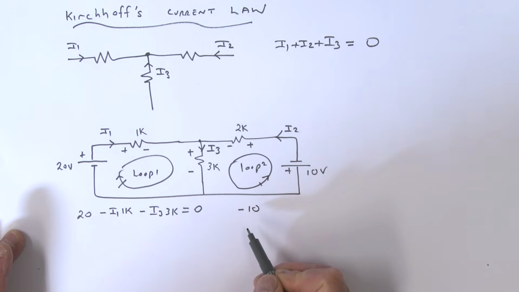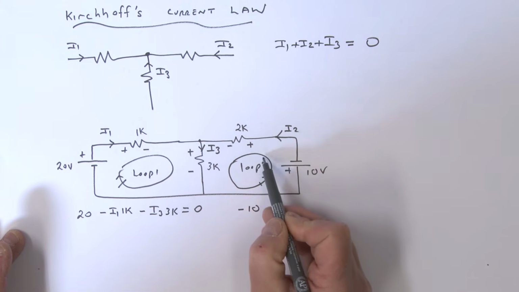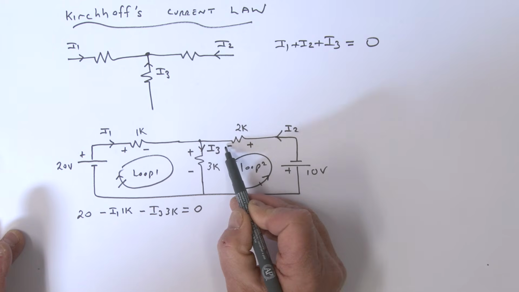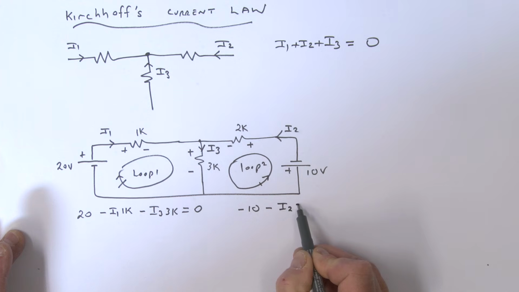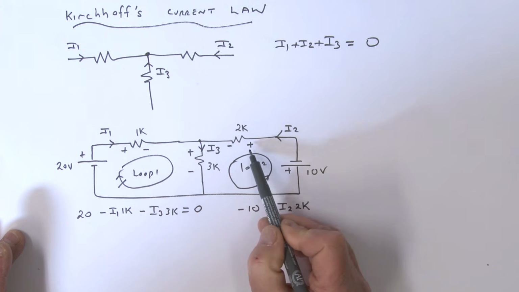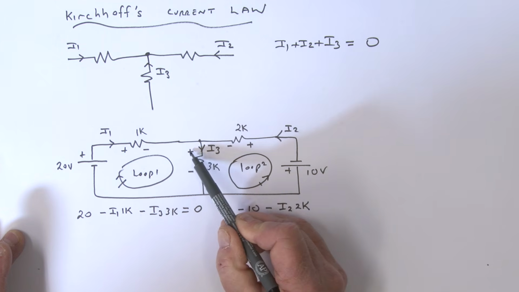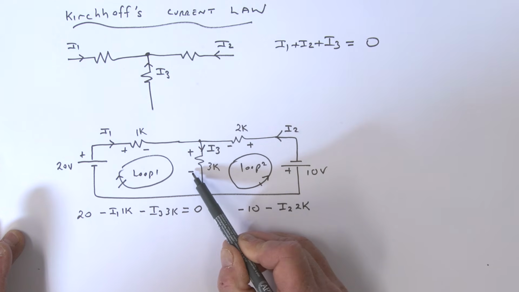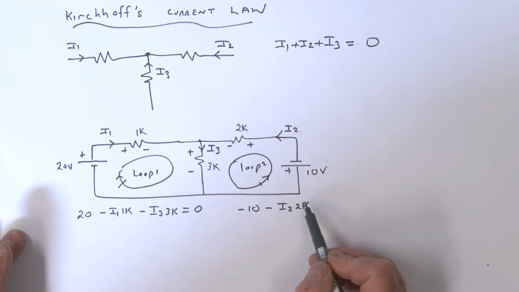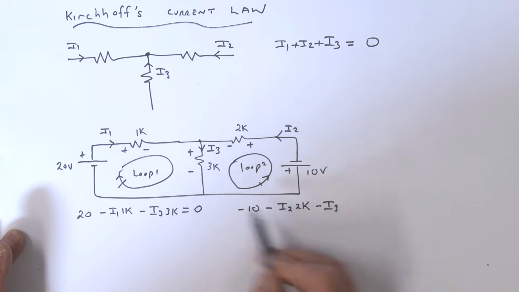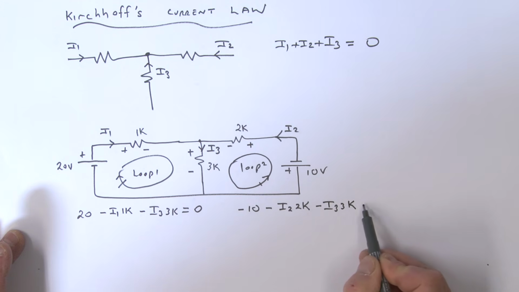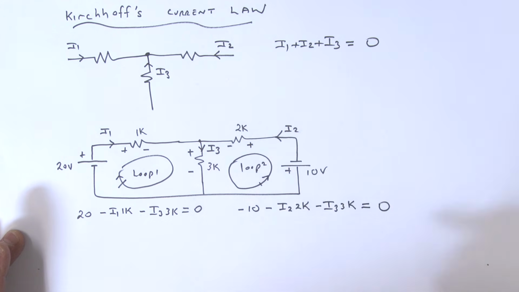As I come around my loop, I'm going from a plus to a minus, which means I'm dropping. That's a minus I2 times the 2K. As I continue on round, I'm going from a plus to a minus again, dropping again, so that's a minus I3 times that 3K, and all of that is equal to 0.